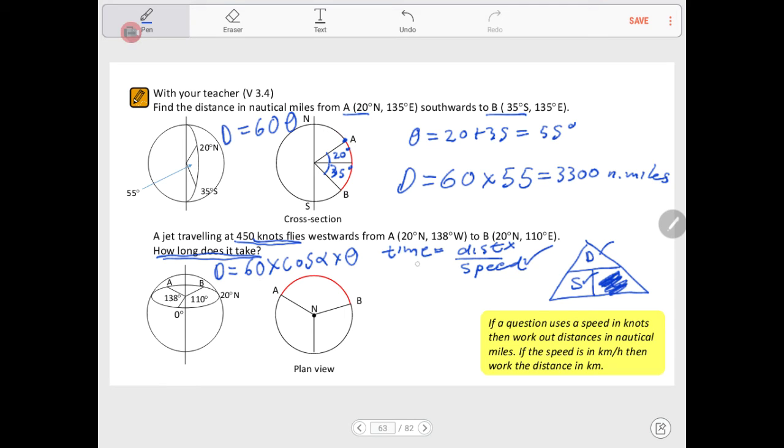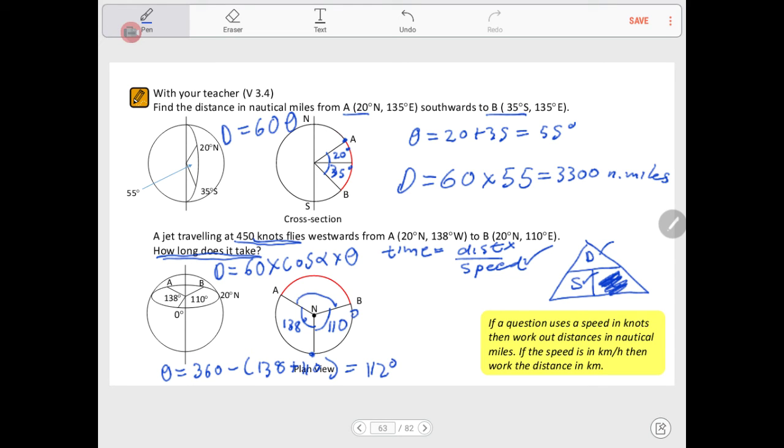So we're going to use this formula here, and we've got that point A is from Greenwich 138 degrees towards the west, and point B is 110 degrees towards the east. So clearly we're going through this back way here. So we're going to subtract these from 360 to get our angular separation. So we subtract those from 360 and the angular separation is 112 degrees.